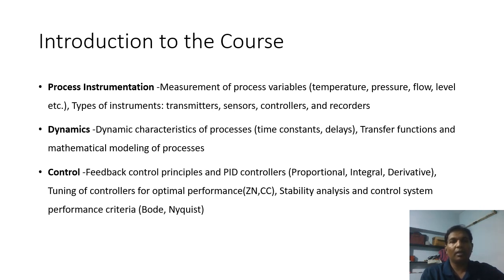For example, you can have transmitters, sensors, controllers, etc., used as measuring elements for these process variables. So the first and second words refer to the process and instrumentation. Process refers to the chemical process, and instrumentation deals with the study of different instruments used for measurement of the process variables.